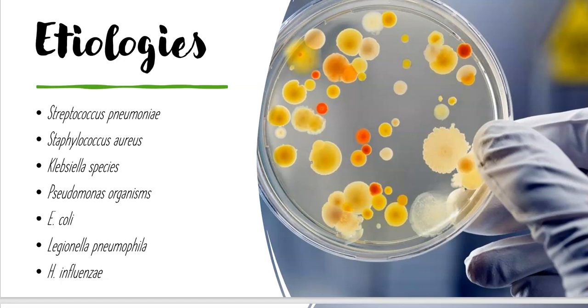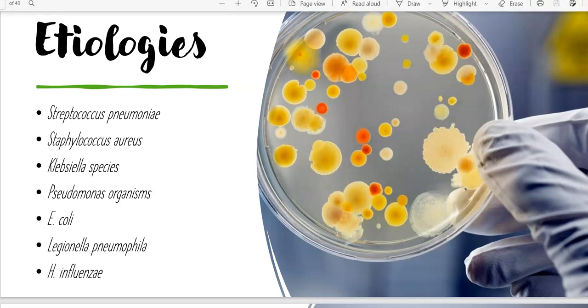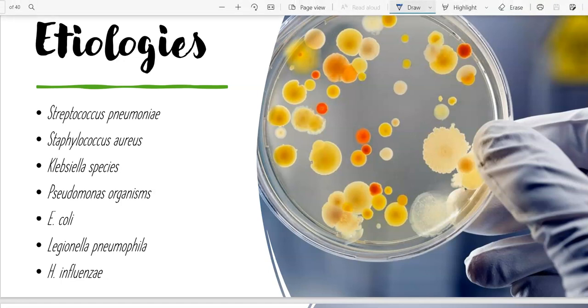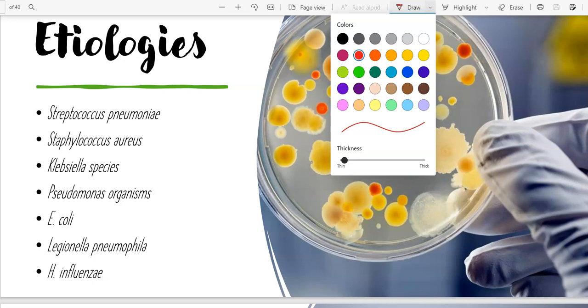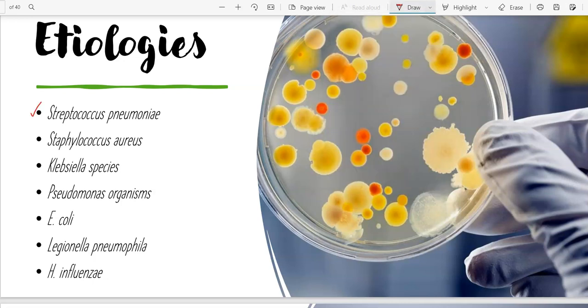So we have here your Streptococcus pneumoniae, which is again one of the more common causative agents for pneumonia. We also have, let me draw on this one, your Staphylococcus aureus.